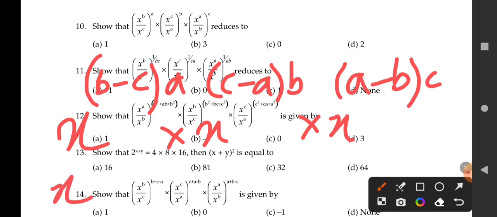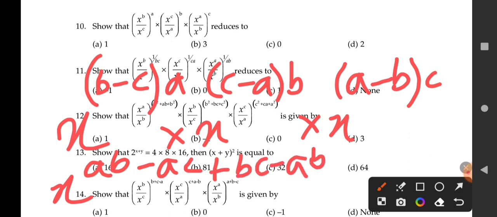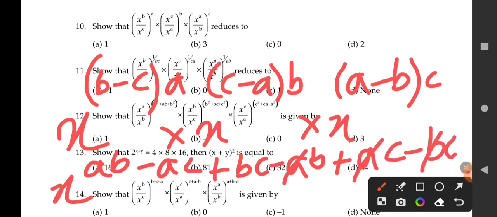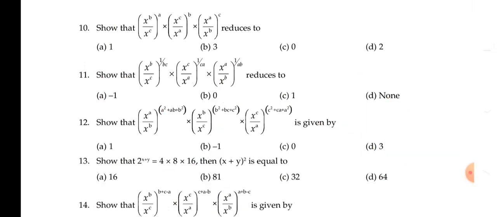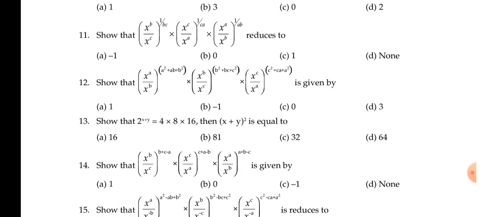Expand: x power ab minus ac plus bc minus ab plus ac minus bc, and all the terms get cancelled. We get x power 0 is equal to 1. Option number A. Next question 11.